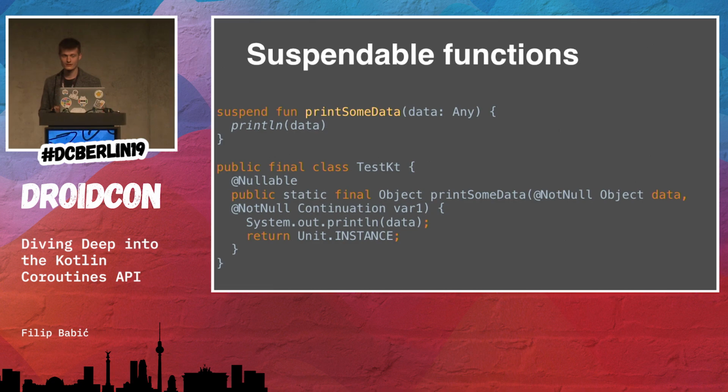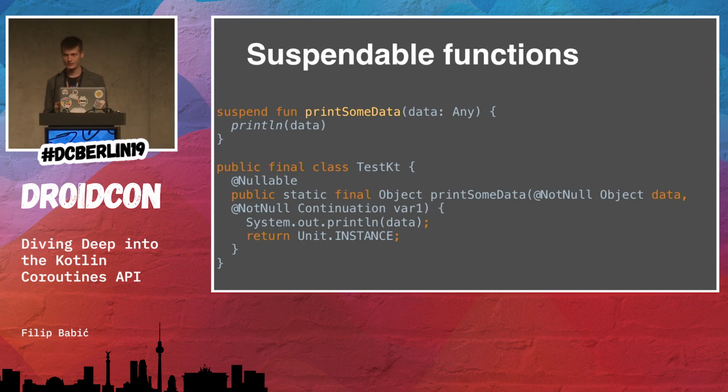It's still a static function, but now it returns a value, it returns an object, and not only does it take a data parameter, but it also takes something called a continuation. So what the system does in general is it says, okay, this is a suspend function, it has the modifier, I'm going to change the signature in a way that it can now return values, and it will receive another continuation parameter.